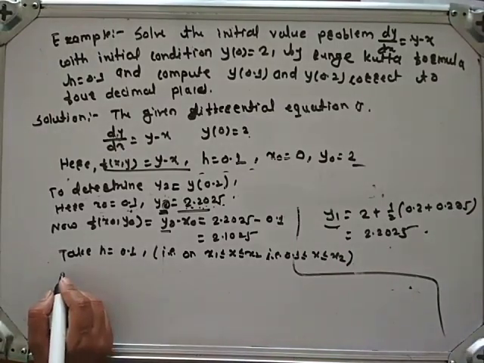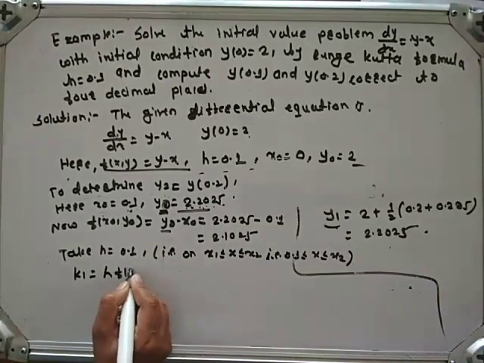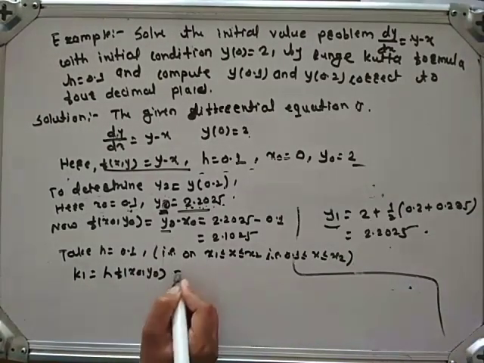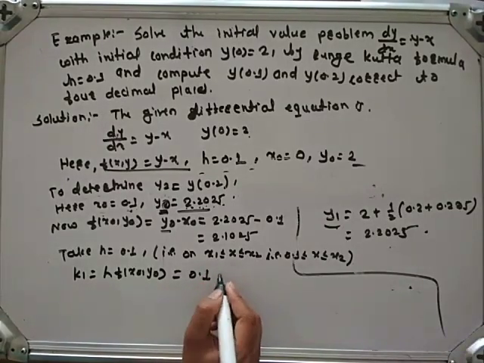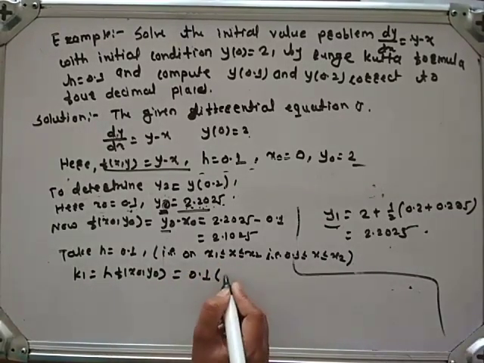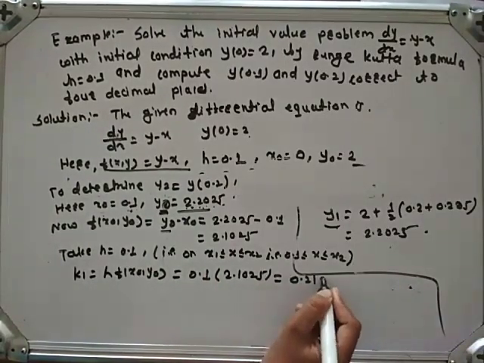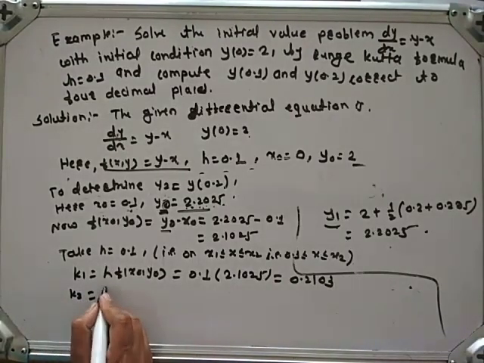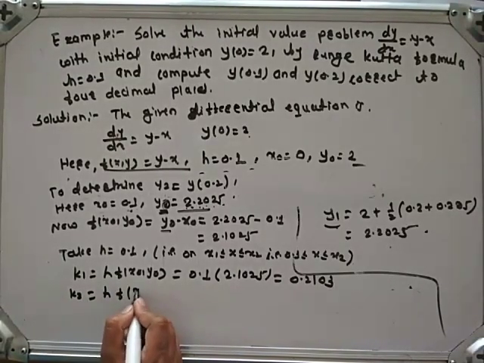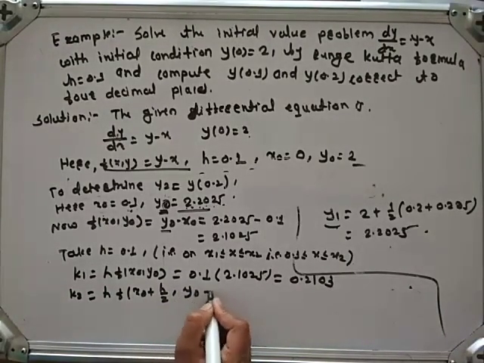Now we have to find k1 and k2. The formula of k1 is h into f of x0, y0. H is 0.1 into f of x0, y0 which is 2.1025. This is equal to 0.2103. Next is k2. K2 is h into f of x0 plus h by 2 comma y0 plus k1 upon 2.